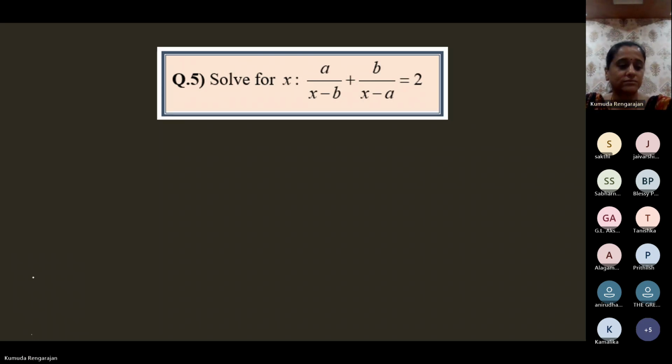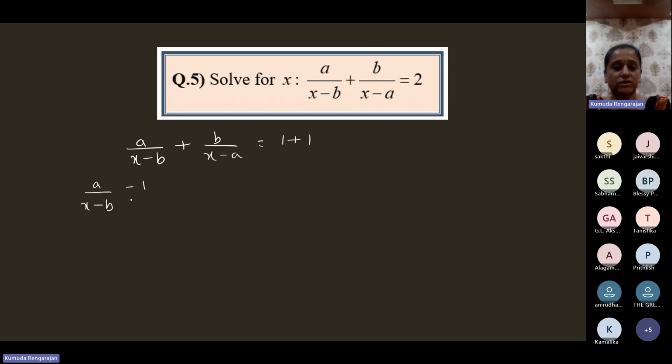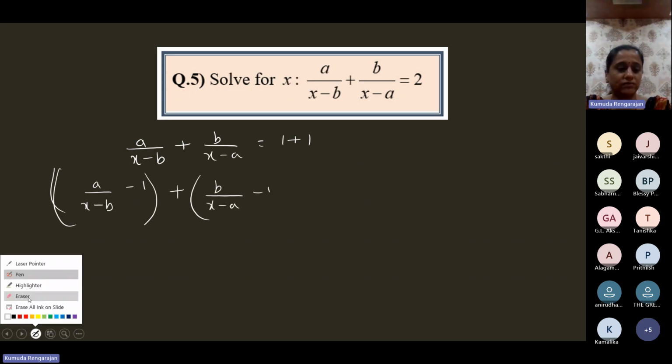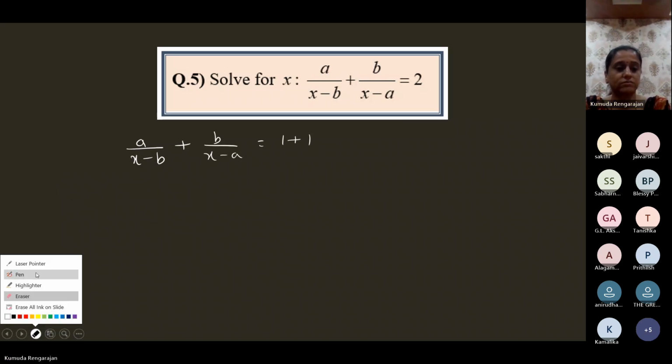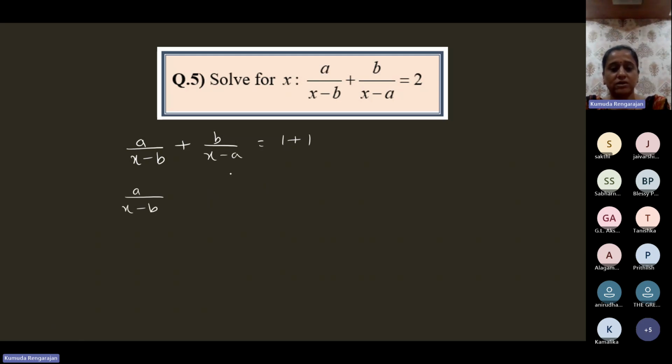Now here, a by x minus b plus b by x minus a is equal to 2, which is 1 plus 1. So a by x minus b plus 1 on the other side minus 1, plus b by x minus a plus 1 on the other side minus 1.